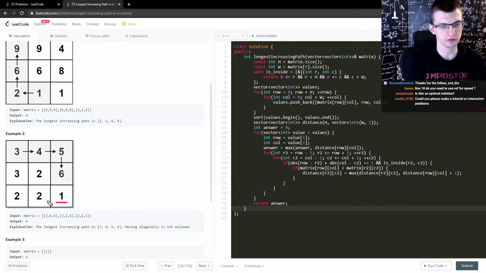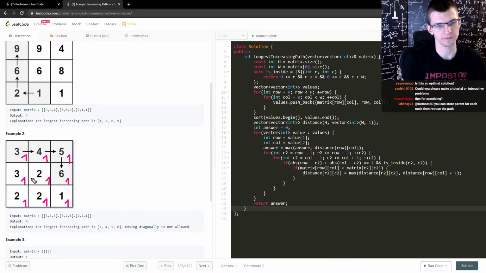So this I want to consider first, then those, then a 3, 3, 4, 5, 6. Initially, the distance of row column is how many cells I can visit before I get here, including this cell. Initially, everything is filled with 1.